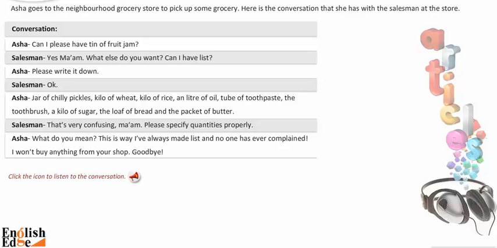Can I please have tin of fruit jam? Yes, ma'am. What else do you want? Can I have list? Please write it down. Okay. Jar of chili pickles, kilo of wheat, kilo of rice, and liter of oil, tube of toothpaste, the toothbrush, a kilo of sugar, the loaf of bread, and the packet of butter.